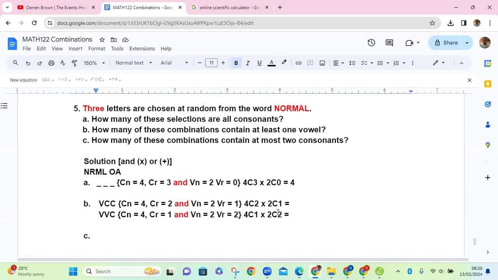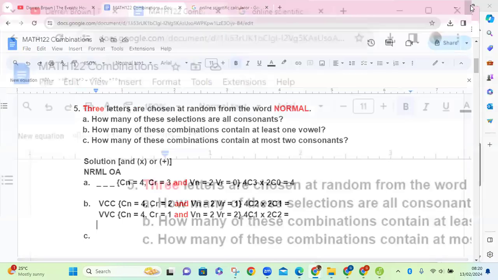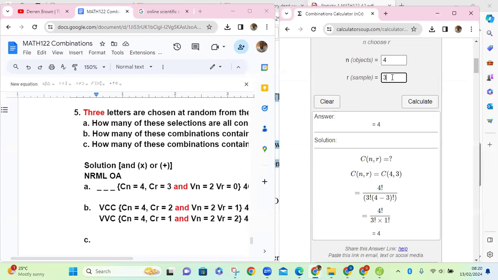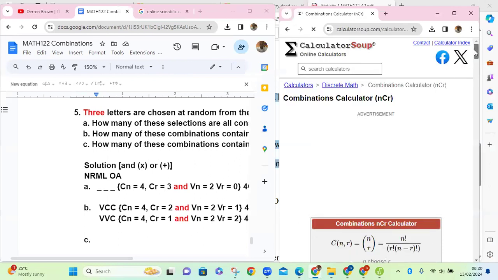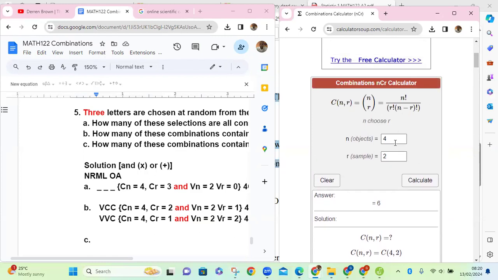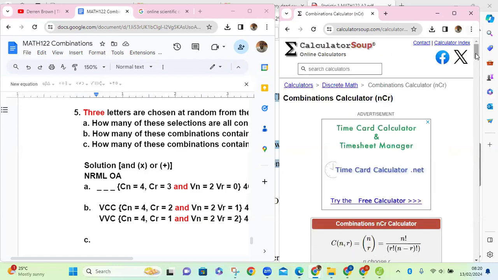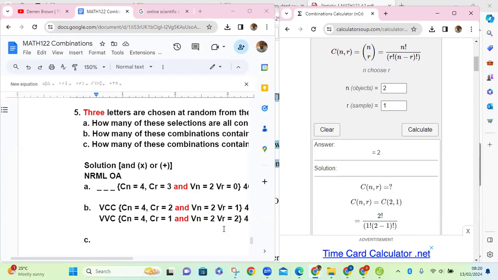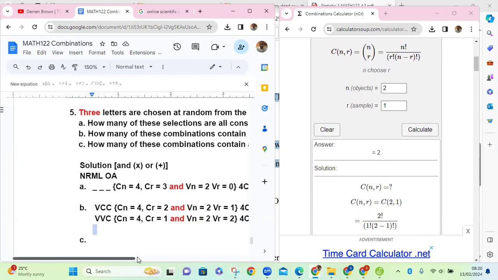So 4C2 times 2C1. 4C2 will give us 6, and 2C1 will give us 2, obviously. 2 6s are 12.